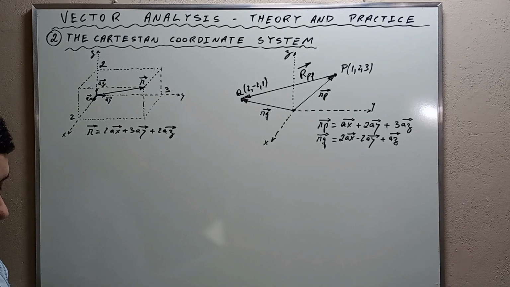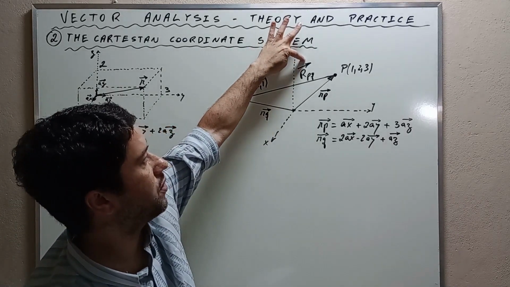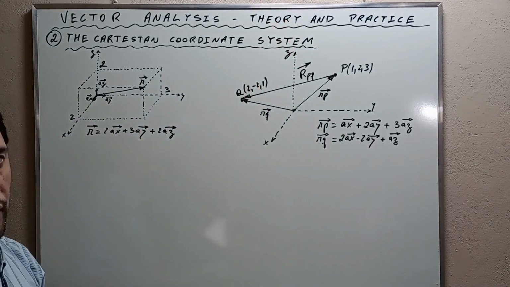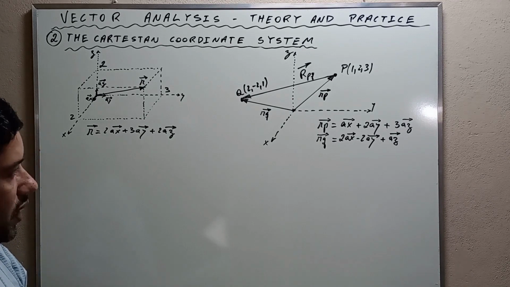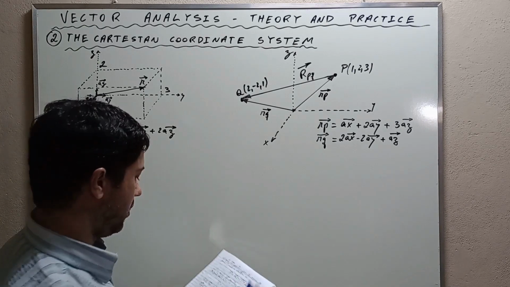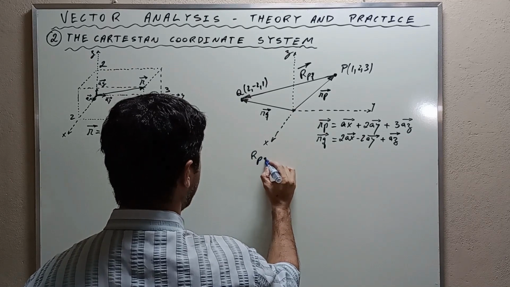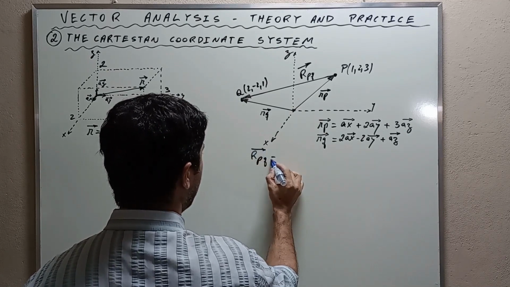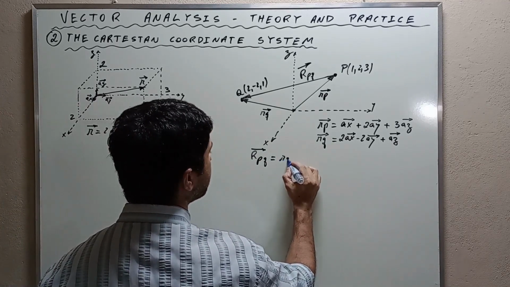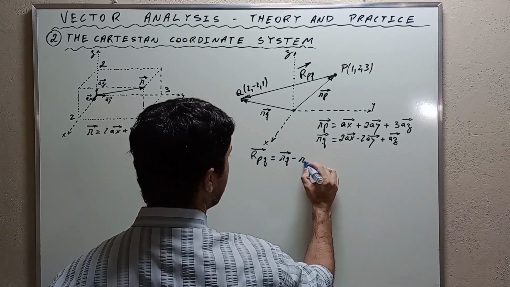and the vector RPQ, this vector here, from point P to point Q, is obtained from the difference RPQ is equal to RQ minus RP.